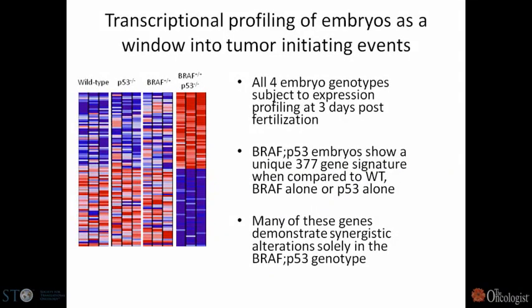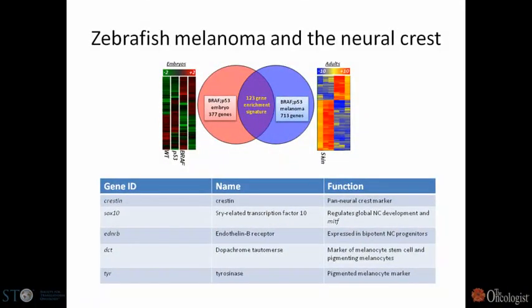And what he was able to find, again, was a set of genes that are specifically upregulated in the BRAF p53 combination. And so this turned out to be about 377 genes or so. And then what he did was to take the zebrafish melanomas and find a set of genes that were specific to the zebrafish melanomas, and did an overlap of these two circles, which produced a 123 gene signature, which predicts which embryos are going to get adult melanoma, which is quite interesting.